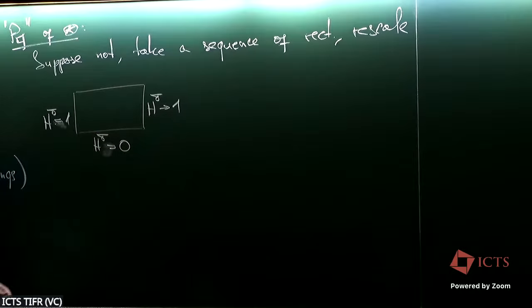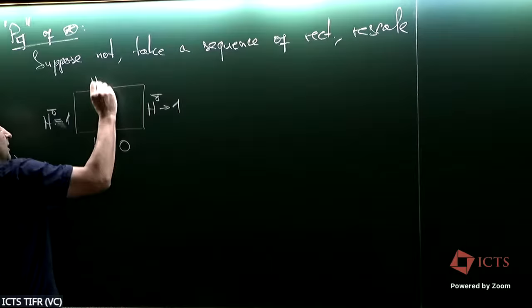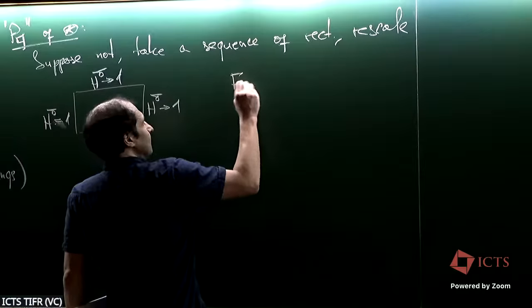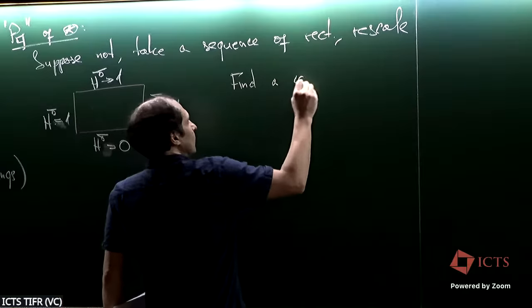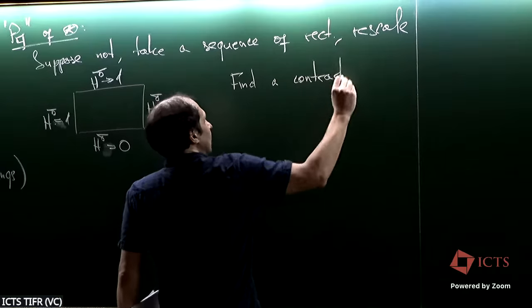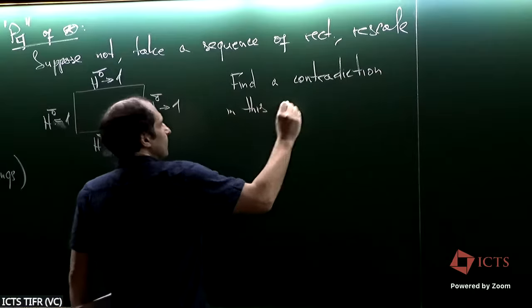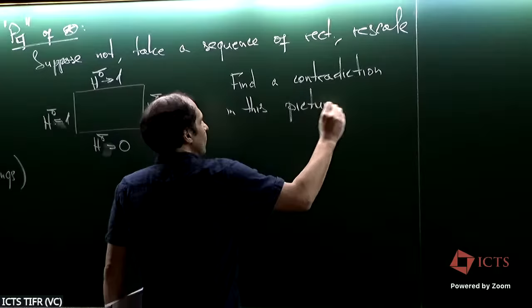This will be approaching 1, and what's important is that this will also be approaching 1. And then there is a way to find a contradiction in this picture, on the top side.